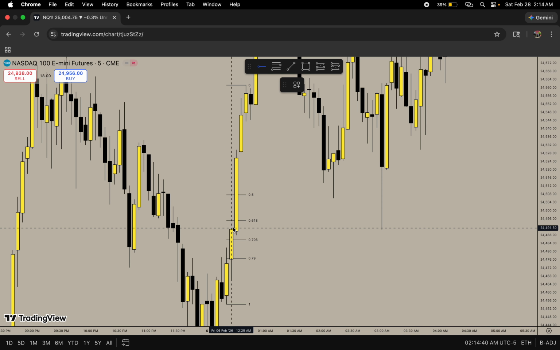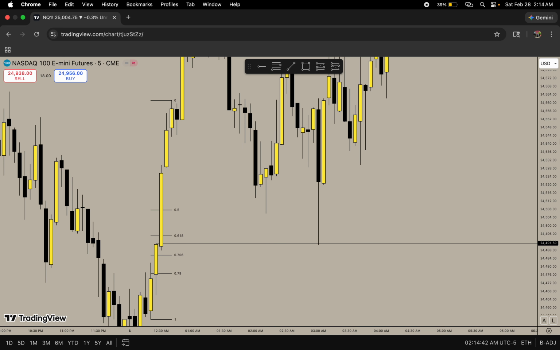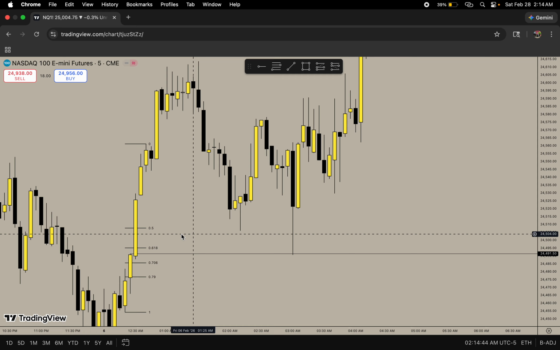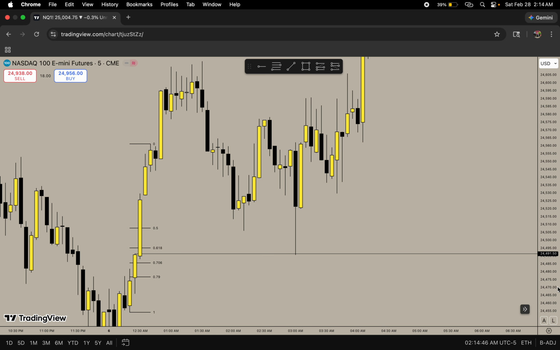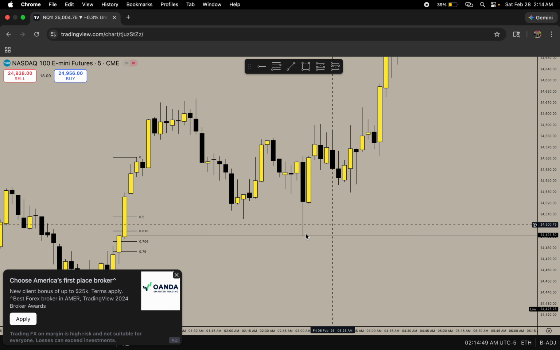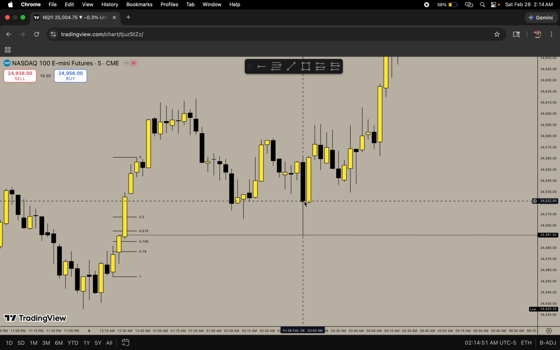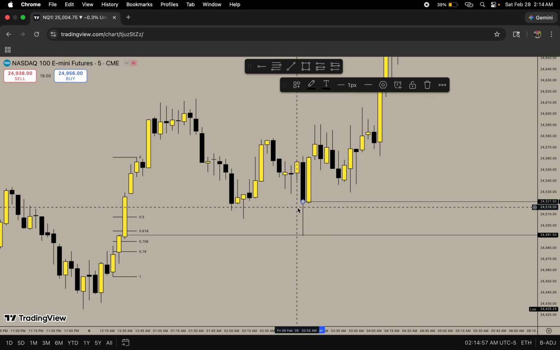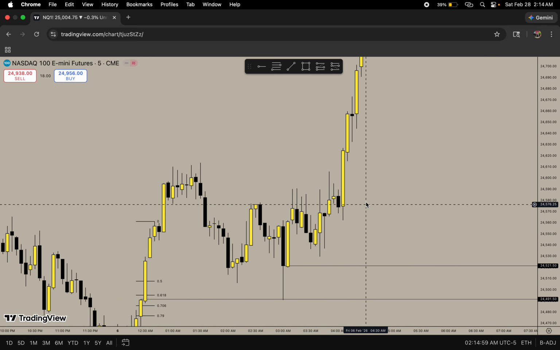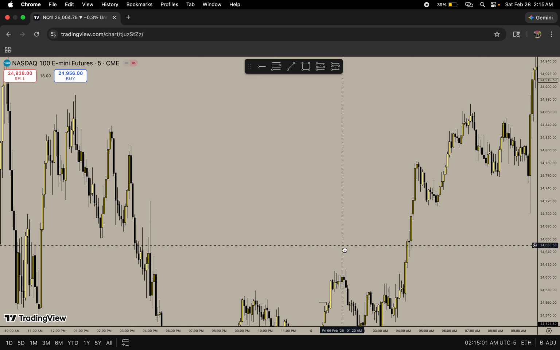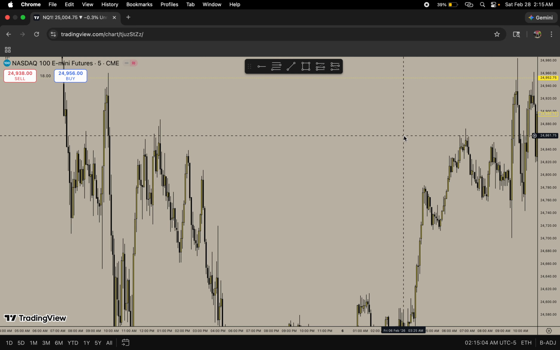I guess you could say it's a gap fill. These are very important too, by the way. Gap fills are very, very important. Price rejects massively. You could have even entered here because of how much it rejected at an important area.